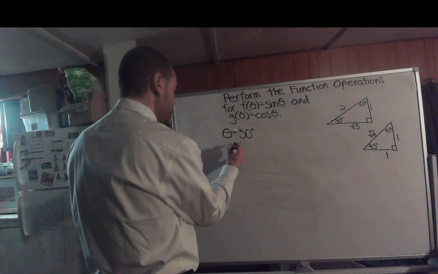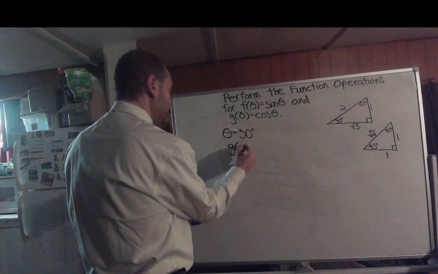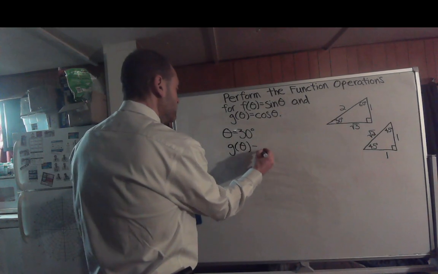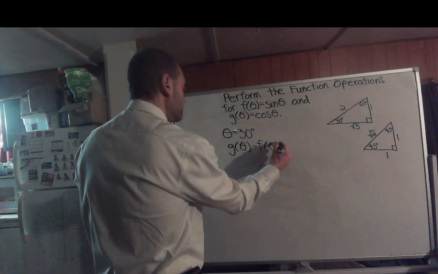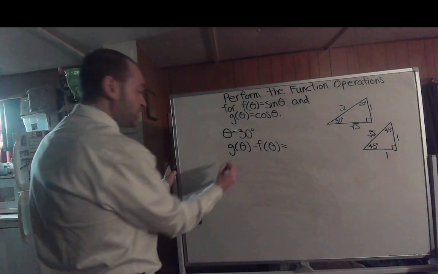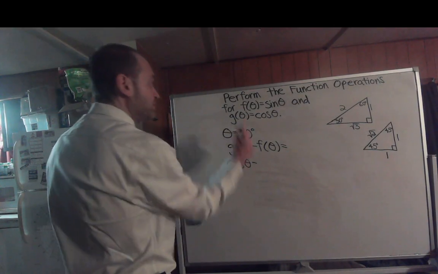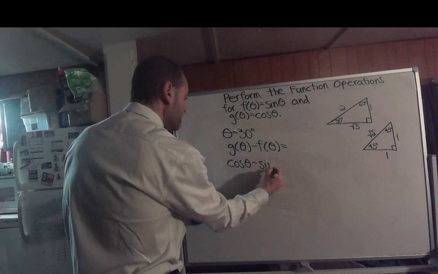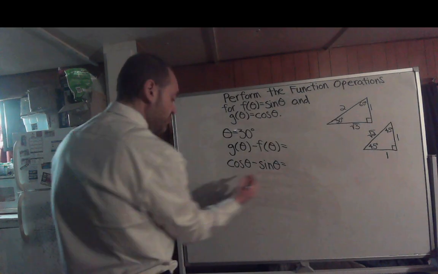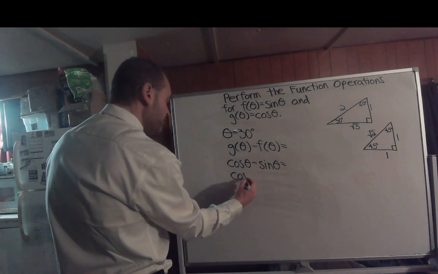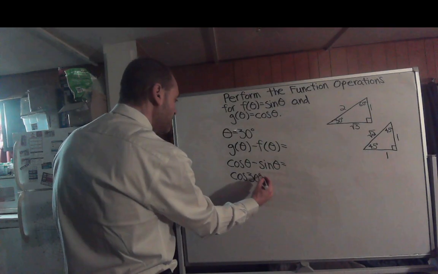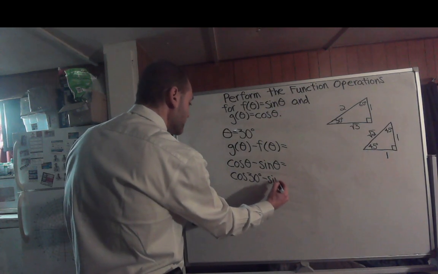What about, let's see, we're going to take g of theta minus f of theta. Well, g of theta is the cosine of theta minus that f of theta, which is sine of theta. In this case, that's the cosine of 30 degrees minus the sine of 30 degrees.